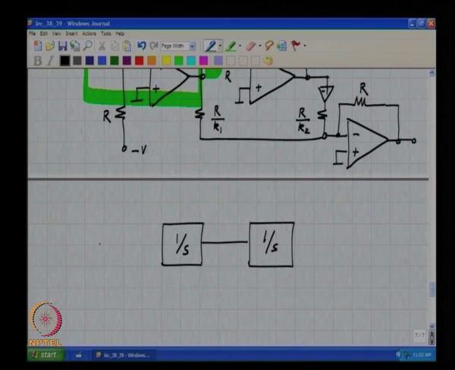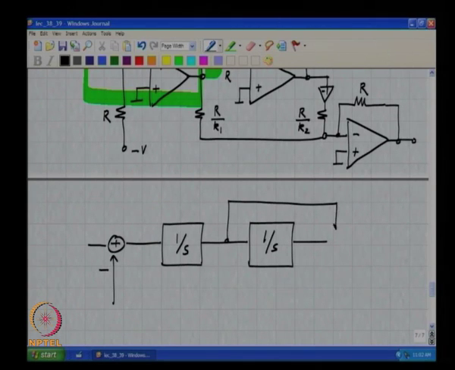You have two integrators, K1 and K2, and you are actually injecting some noise here, all right.